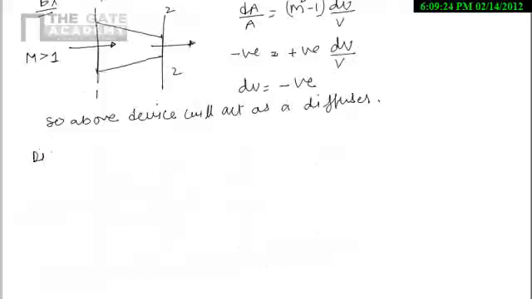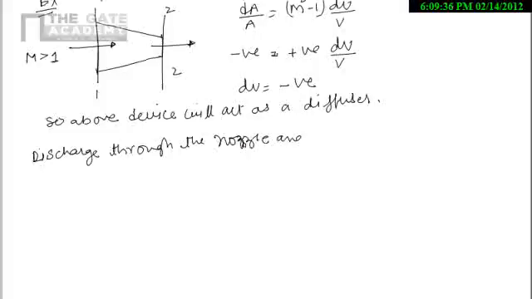So I will write: discharge through the nozzle and condition for maximum value.